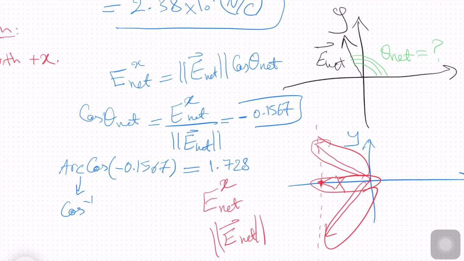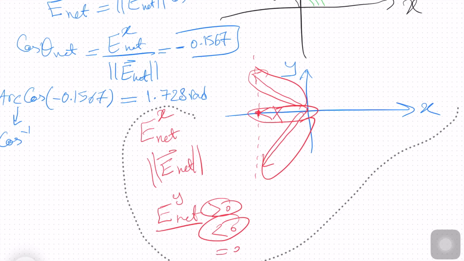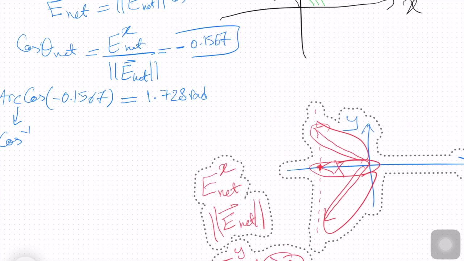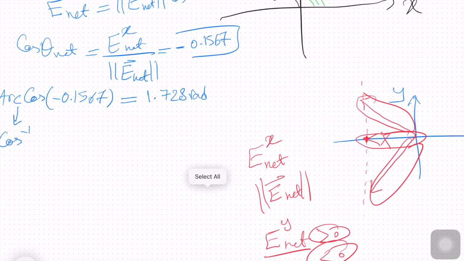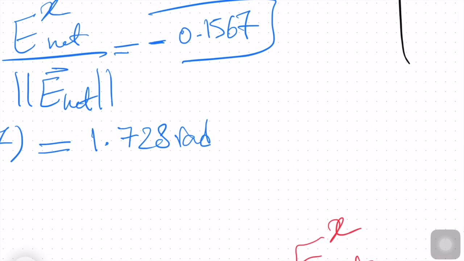So this is in radians. Now, when you convert this to degrees, you either use your calculator or you remember that pi radians is half a circle, 2 pi radians is a full circle.